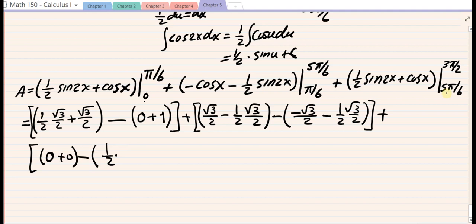Right, we just did that one. Sine of 5 pi over 3, that was, let's see, 60 degrees. Hold on, the reference angle is actually 30 degrees, so this should have been a half. It should be a 1/2.